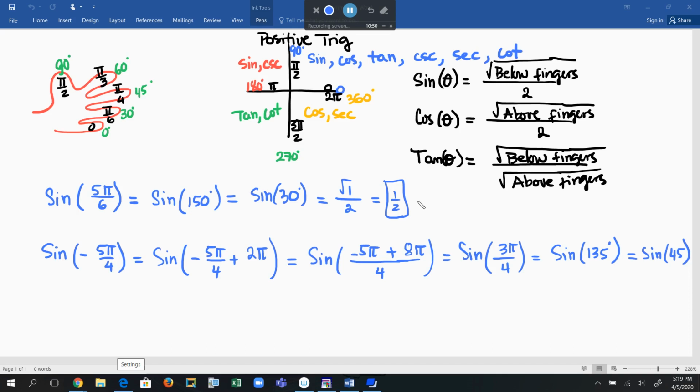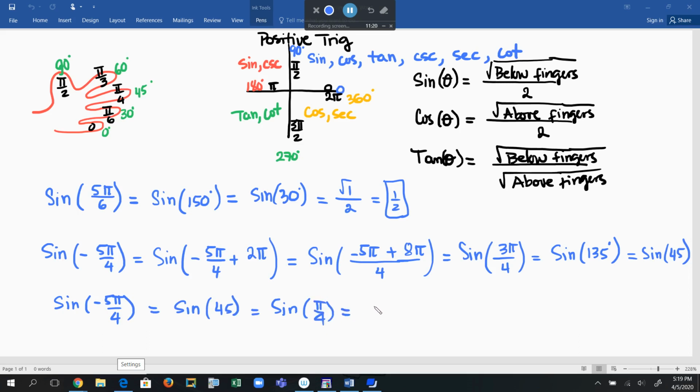Now we know that since 135 degrees is in quadrant number 2, sine has to be positive. So our conclusion is sine of negative 5 pi over 4 is the same thing as sine of 45 degrees, or if you want to write it in radians, sine of pi over 4.